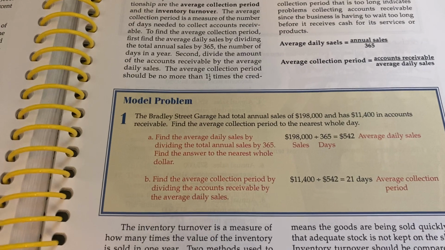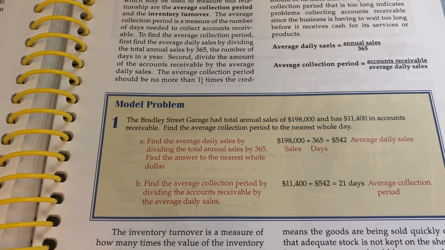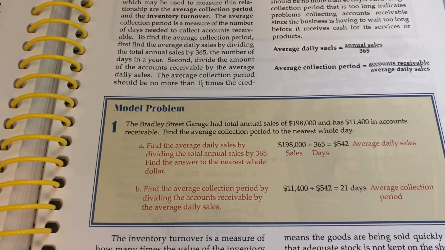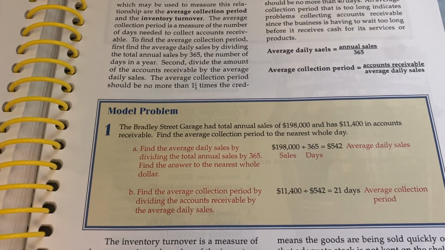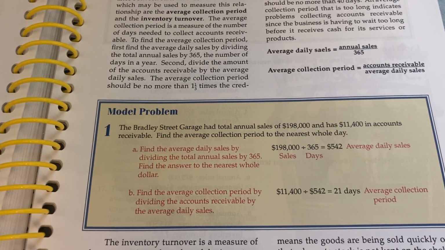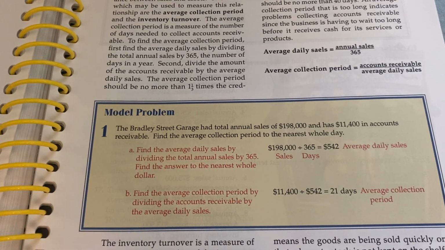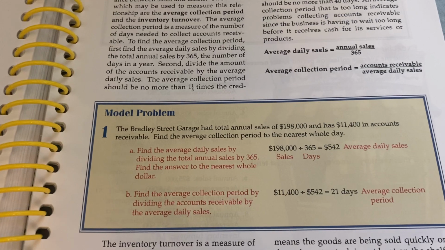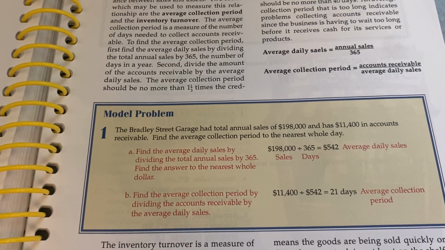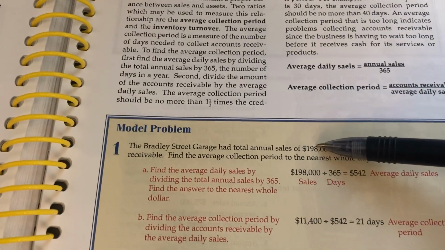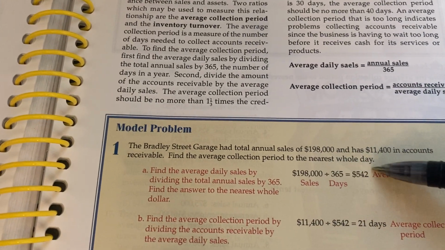The model problem here was Bradley Street Garage had a total annual sales of 198,000 and 11,400 in accounts receivable. Find the average collection period to the nearest whole day. First, find the average daily sales by dividing the total annual sales by 365 days.